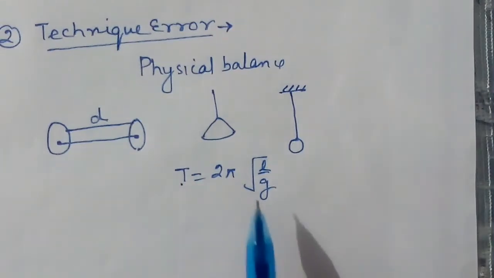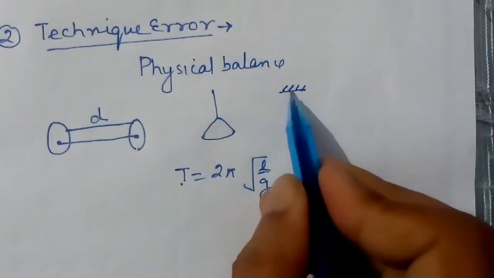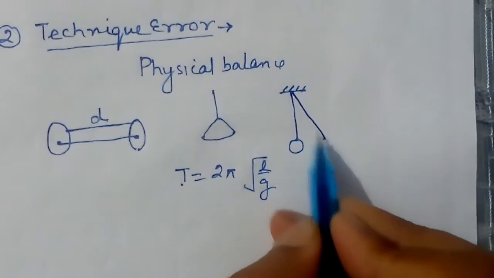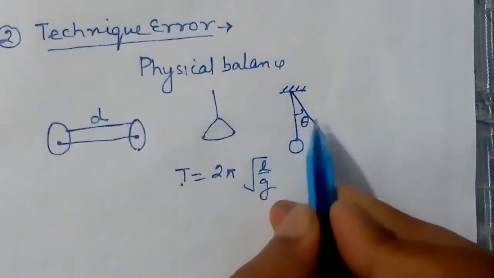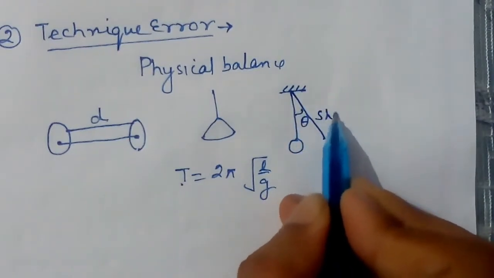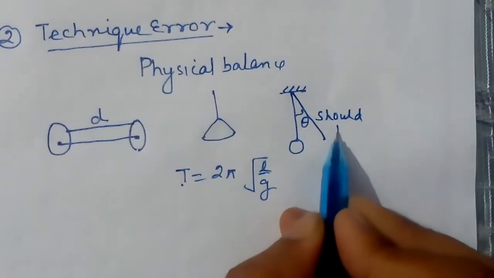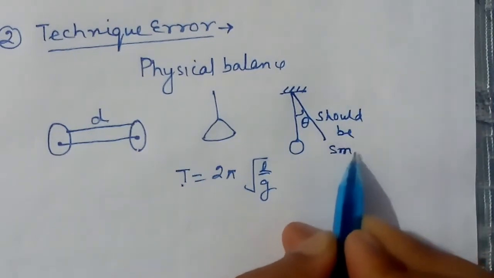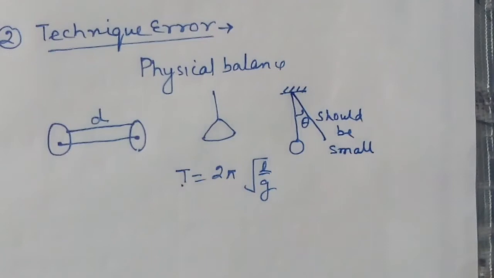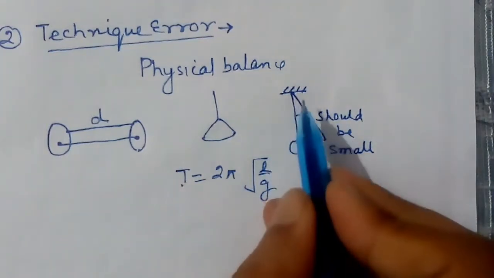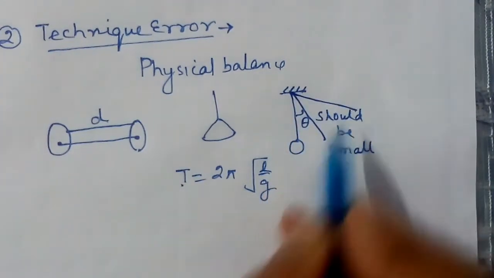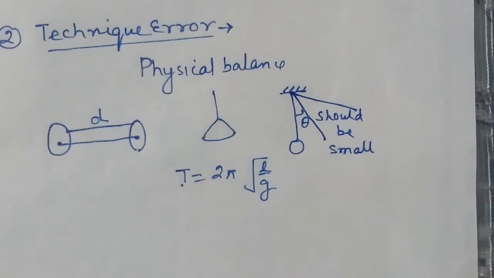Okay, but this formula was derived with a condition that when we displace the bob, this angle theta should be small. Should be small. 2 degree, 3 degree, 4 degree. But in actual practice, we displace the bob from a very large distance, meaning the angle is very large.